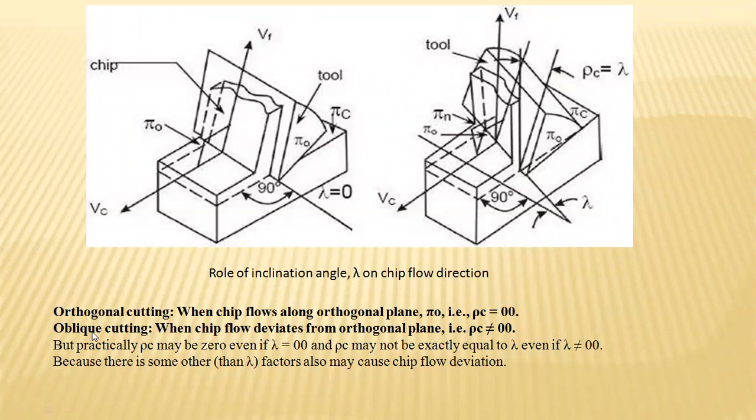Whereas in oblique cutting, very large chips, having high diametrical shapes or high geometrical specifications, either in length, breadth and thickness, can commence in the case of this oblique cutting.